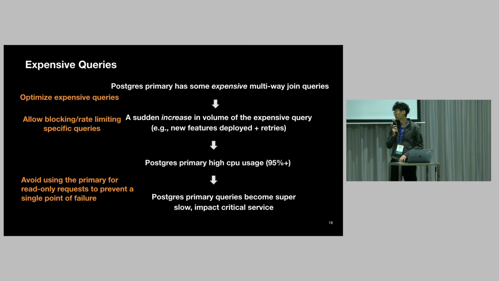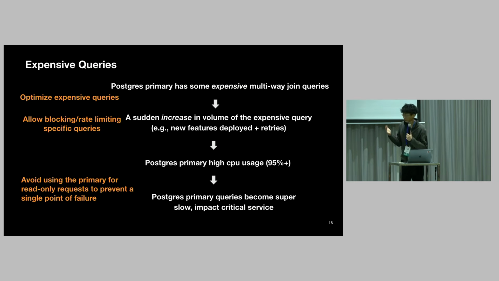So we did multiple things for this case. First of all, we want to definitely optimize those expensive queries, because if you want to join 12 tables, Postgres is not the right system for this use case. So mostly I think we optimize these queries on the application level, to break down those joins and do the joins in the application instead of Postgres.